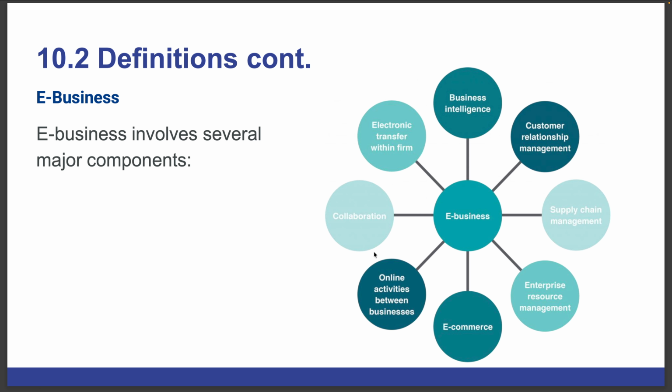So the other dimensions involve enterprise resource management, whether it is a financial resource or a human resource. How do we bring all these resources together to create value and conduct the activities of the businesses more efficiently.